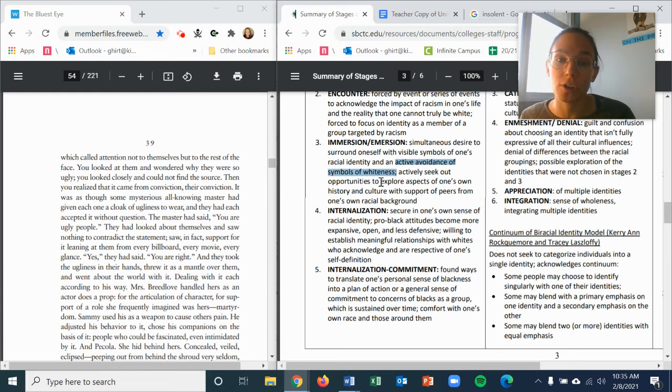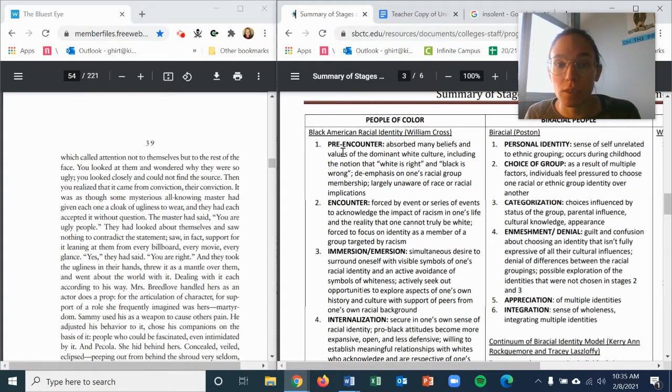They seek out opportunities to explore aspects of their own history and culture with the support of peers from their own racial background. And then there's internalization and internalization-commitment, which are the final stages of being empowered in one's racial identity, secure in that identity, and, in the last stage, committed to a plan of action or a commitment to the progress of that group, essentially.